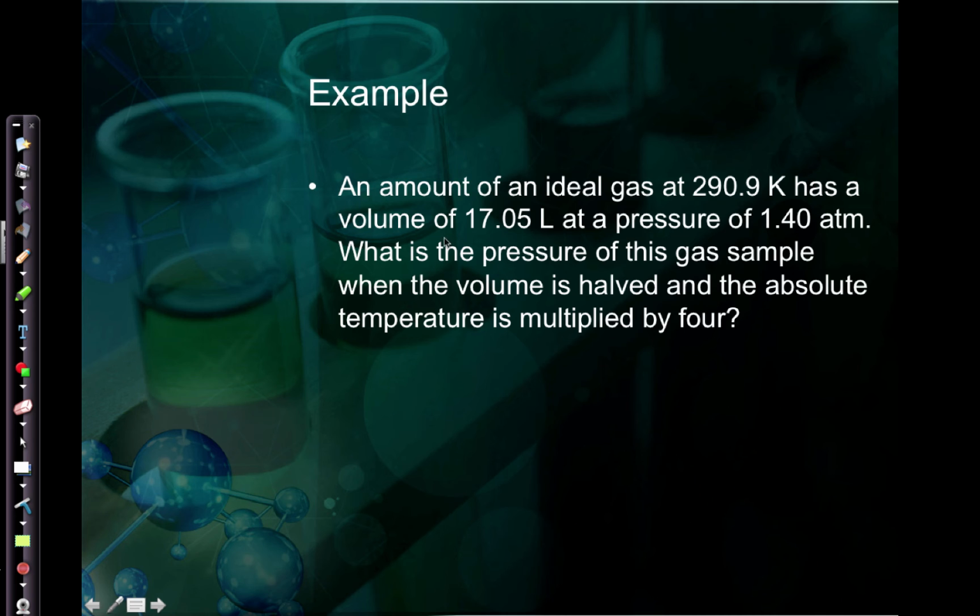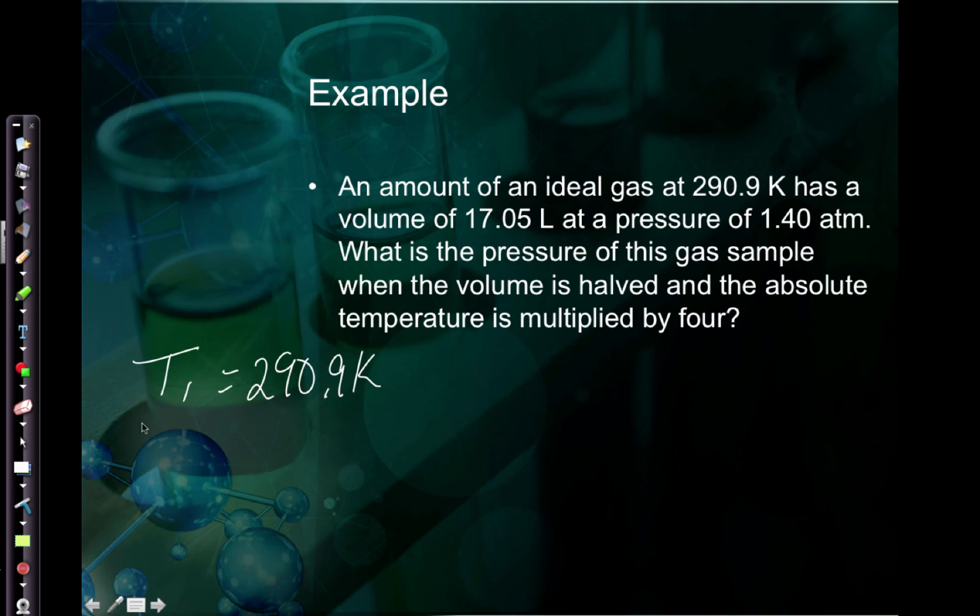Okay, so I'm going to pull out the information here. I have a temperature of 290.9 Kelvin, and I can already see that stuff is changing here, so I need to assign it an initial or a final value. So is it 1 or is it 2?